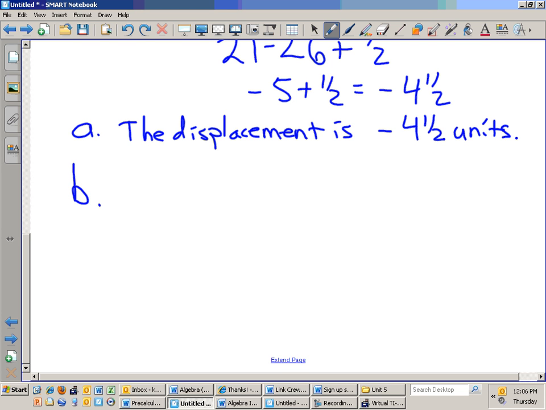Part B forces us to account for both the positive area and the negative area. Well, I have to find where it crosses over from positive to negative. So I'm going to do this, okay?